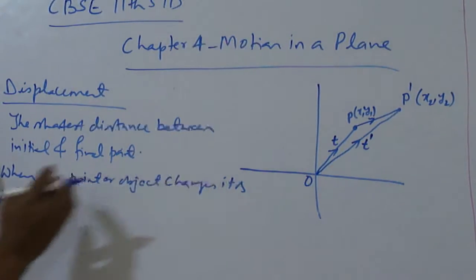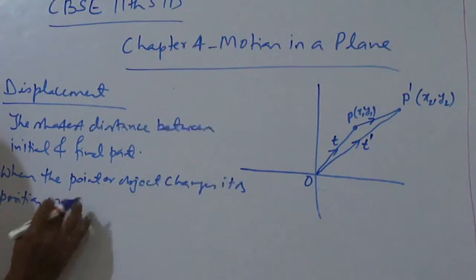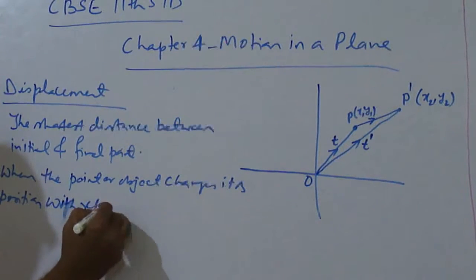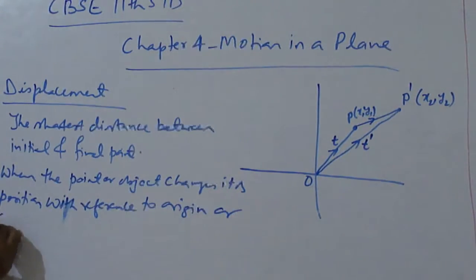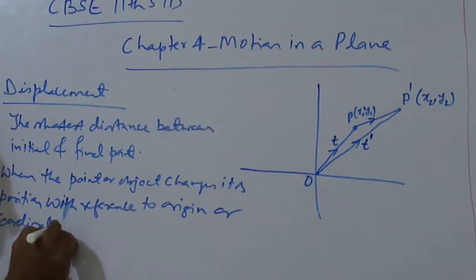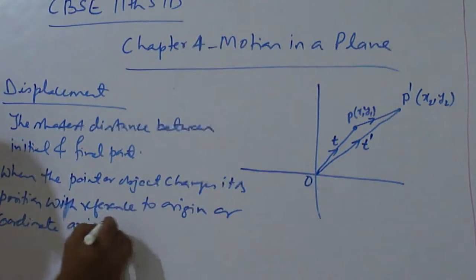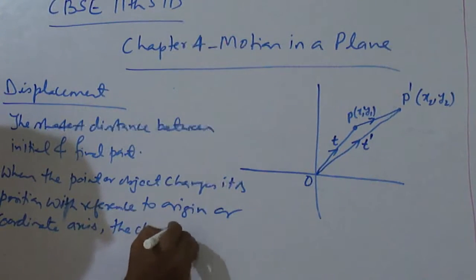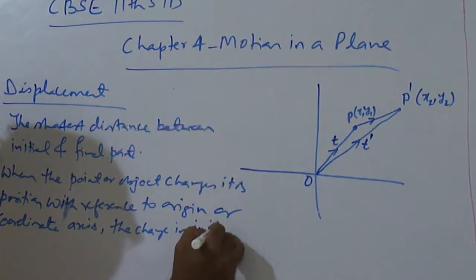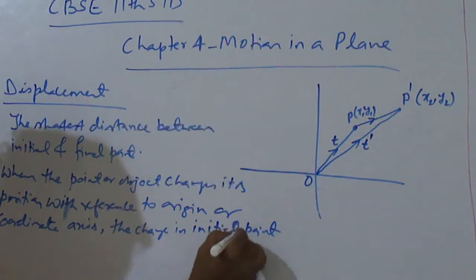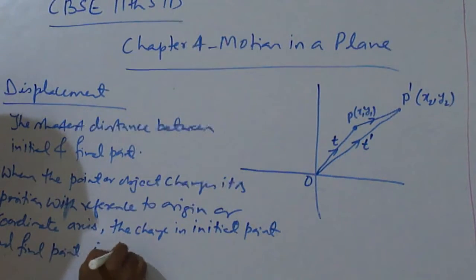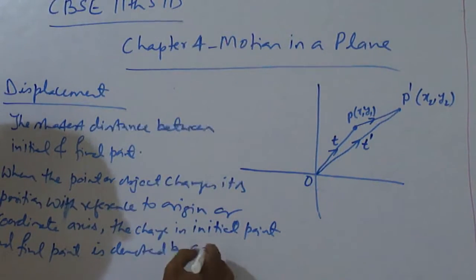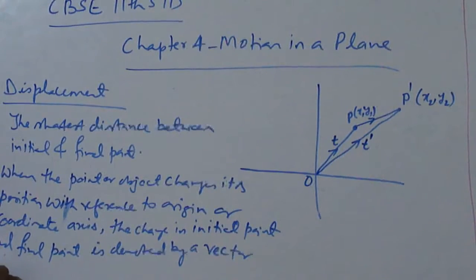So when the point or object changes its position with reference to origin or coordinate axis, the change in initial point and final point is denoted by a vector called displacement vector.